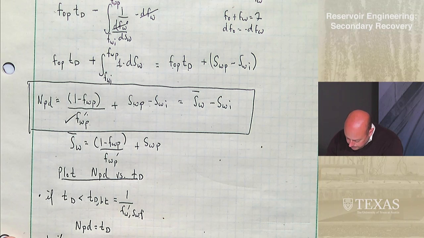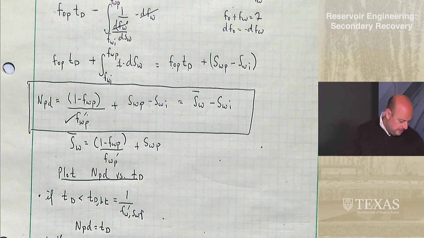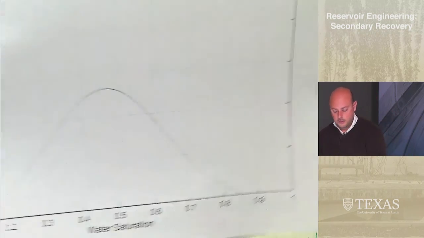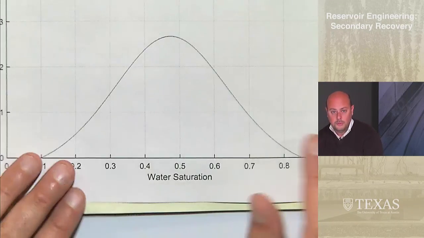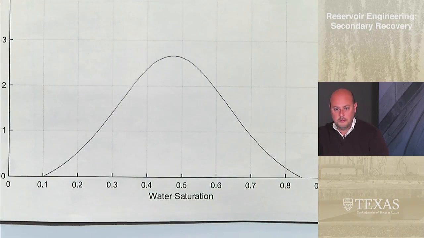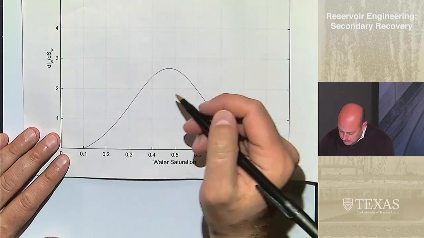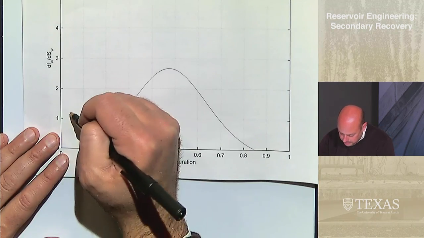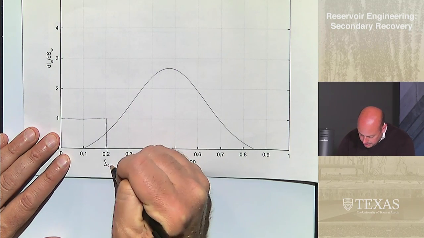So B, what do I do? Well, from the curve, well, what did we have? We had this curve here. So from this curve here, if I calculate my FW prime, if it's like right here, then I can come down and I get my SWP.